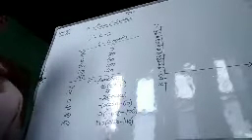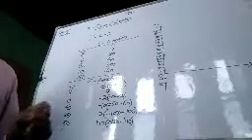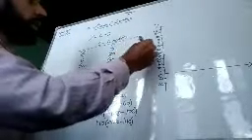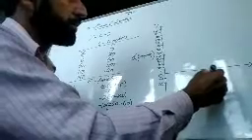Saving is measured on the Y-axis, and income is measured on the X-axis. And this is 50, 100, 150.